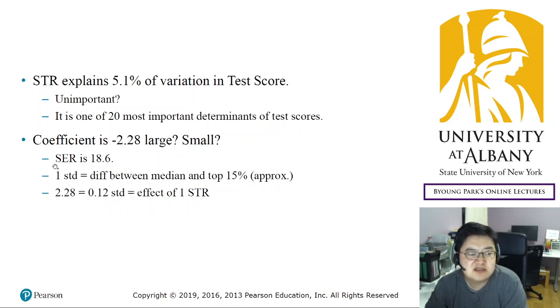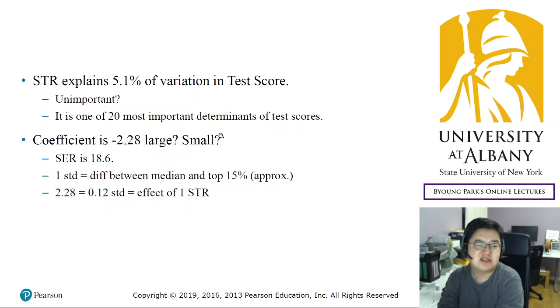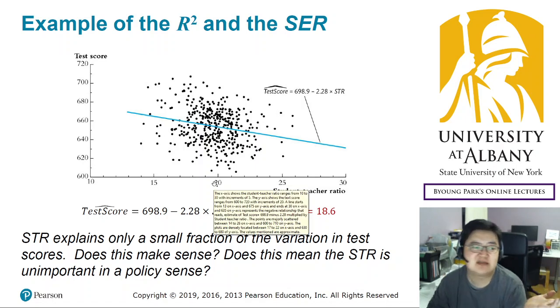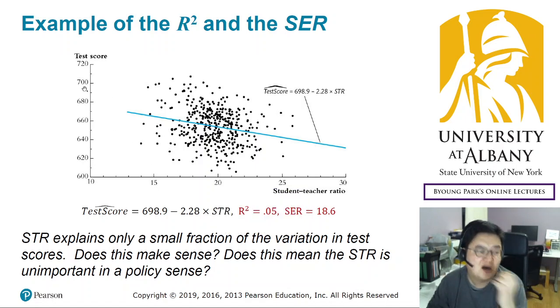And the standard error of the regression is 18.6, and we can compare this to the coefficient 2.28. Is 2.28 large or small? Of course, we cannot tell. It's subjective whether it is large or small. I don't know what this test is, or how good 700 points is and how bad 600 points is.